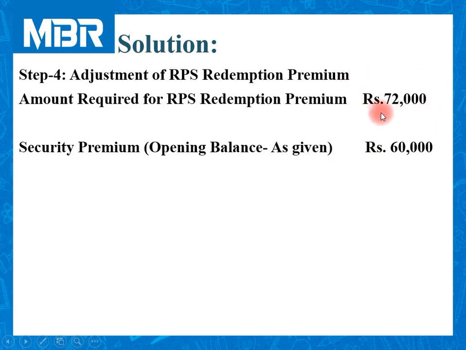So out of 72,000, 60,000 rupees is adjusted against the securities premium, and we need to adjust rupees 12,000 against the profit and loss account. So total amount required 72,000: 60,000 rupees adjusted against securities premium and 12,000 rupees from the profit and loss account.